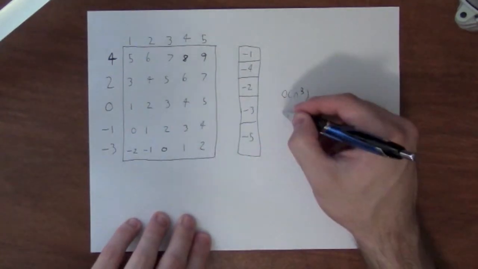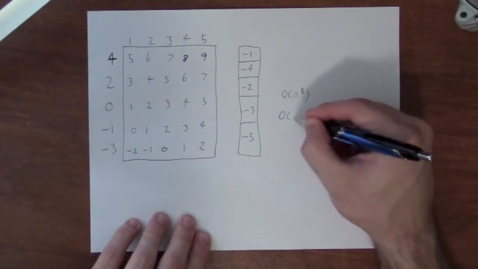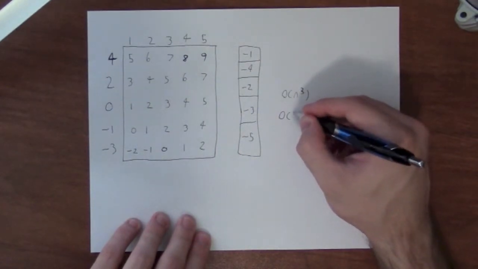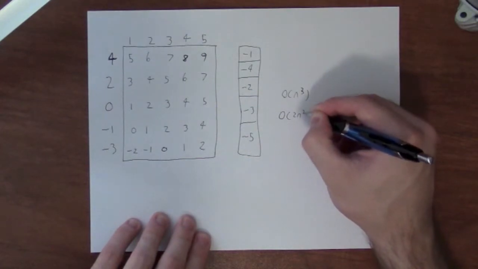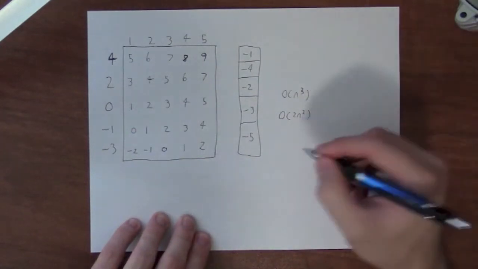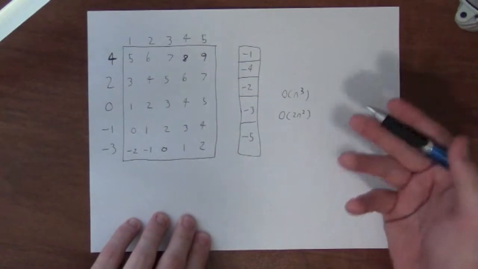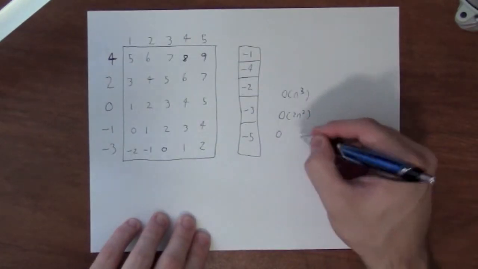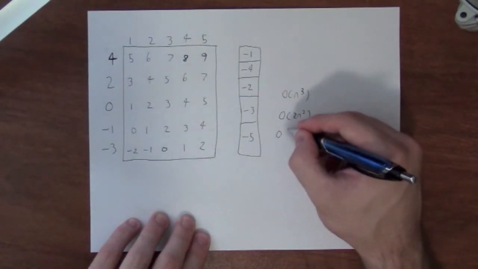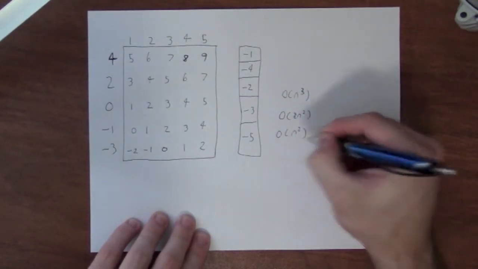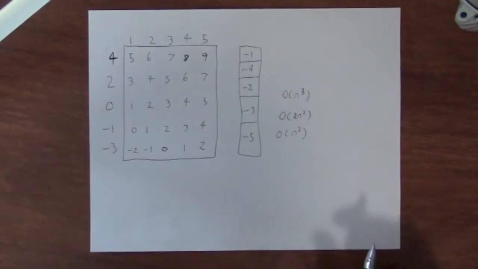So our complexity is reduced to O of 2 times n squared, which, if you know complexity theory, simplifies: the n squared is said to dominate the multiplication by 2, and so we just get an n squared solution. And there you go. That's it.